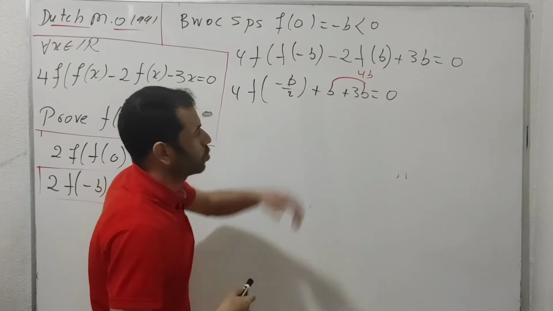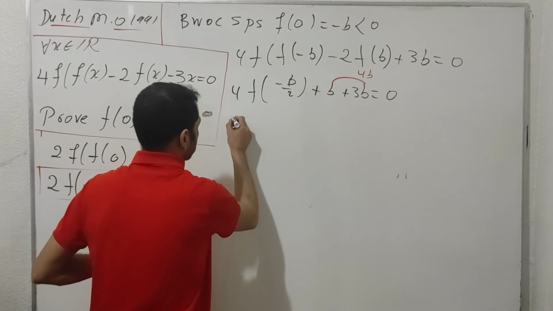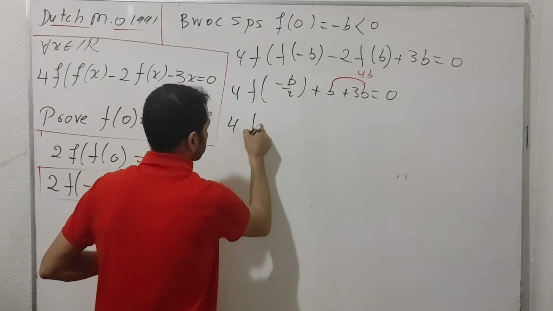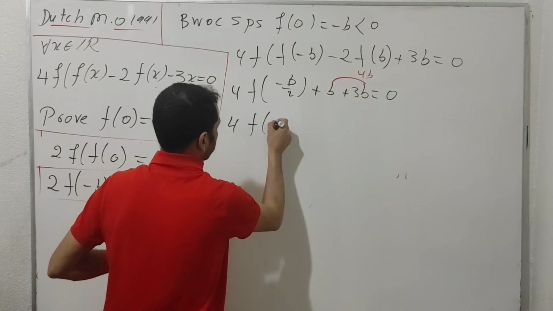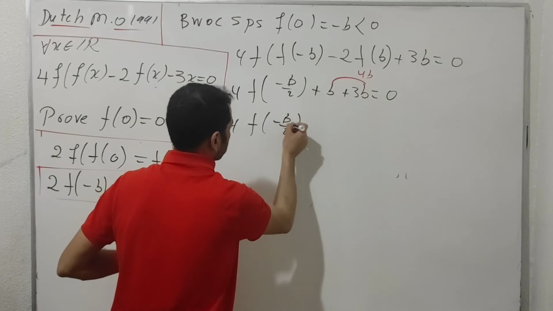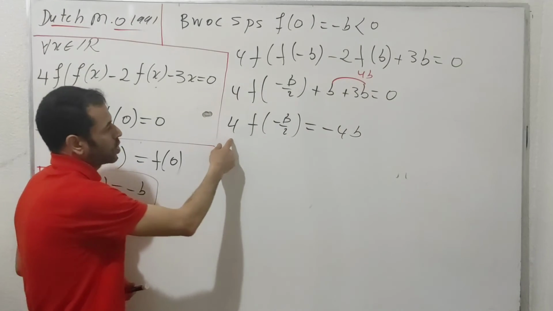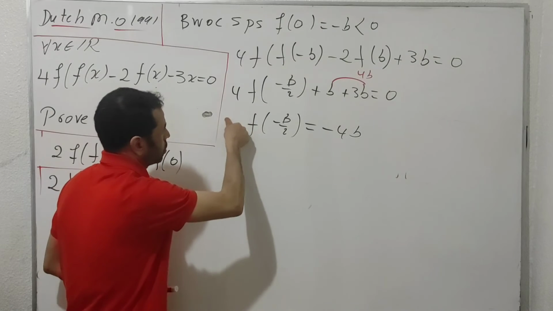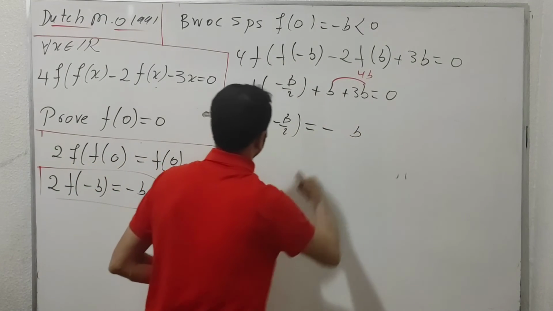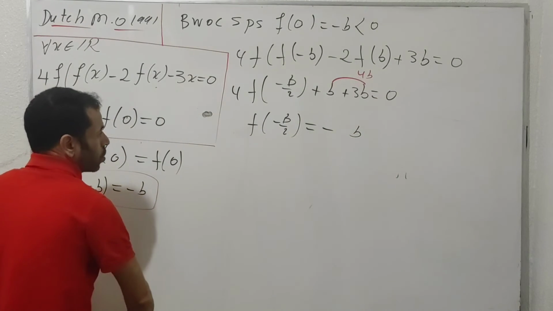By taking this 4b to the other side, I will get 4 times multiplied by f of minus b over 2 equals minus 4b. By dividing both sides by 4, I will get f of minus b over 2 equals minus b.